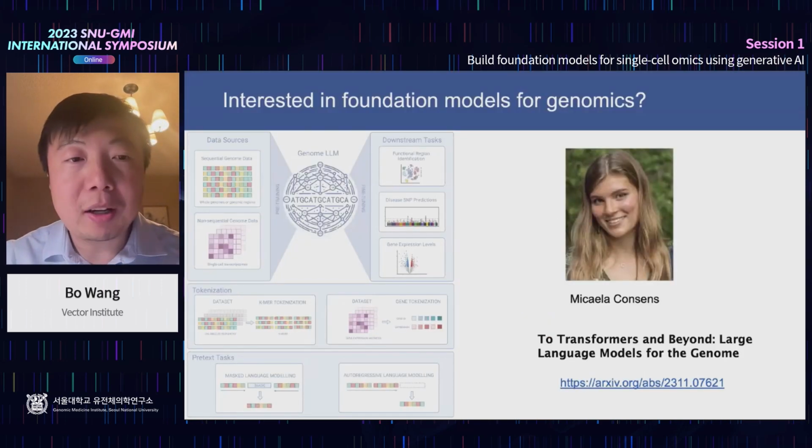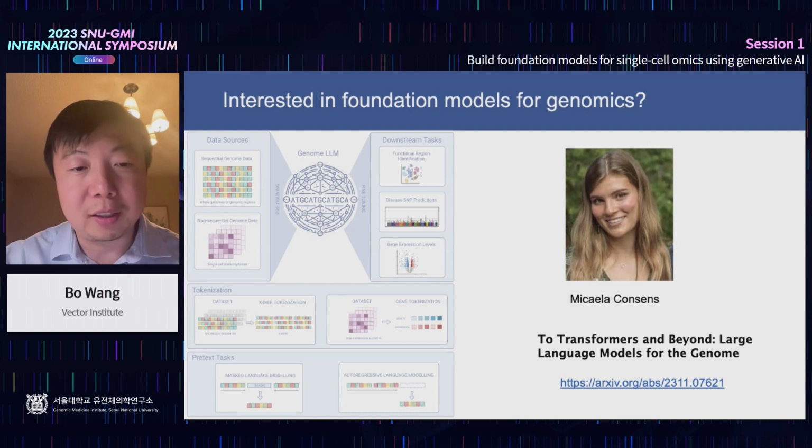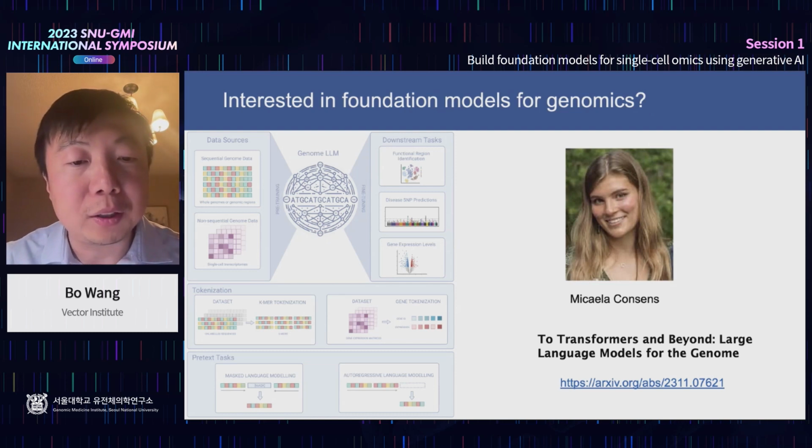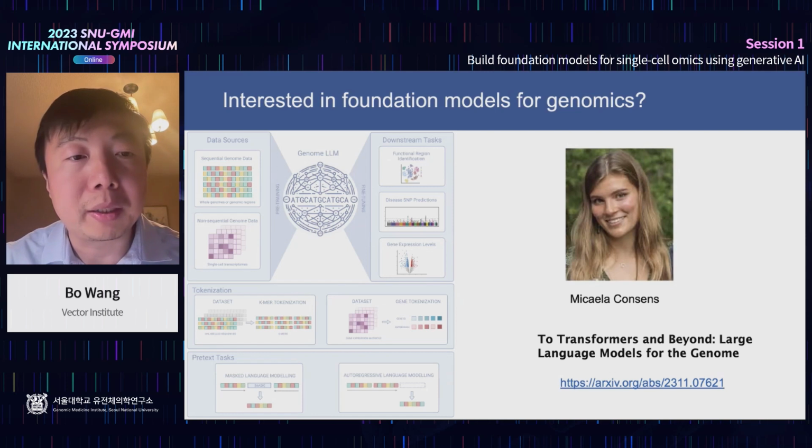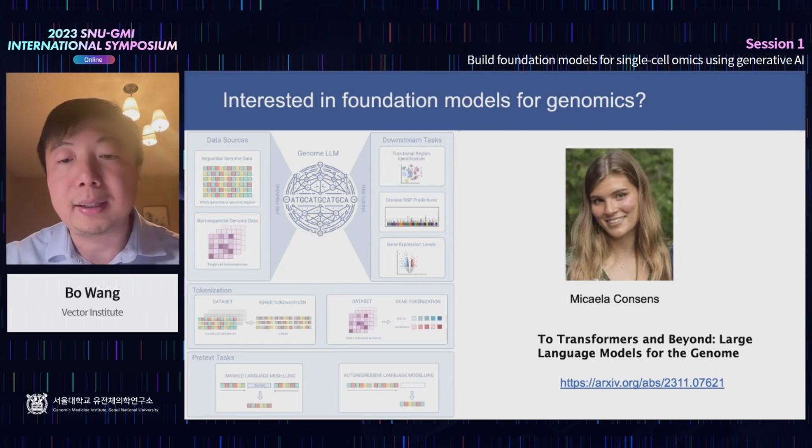Because we see lots of foundation models popping up every day for genomics, such as DNABERT, Enformer, and including our scGPT or Geneformer, which are foundation models for genomics, we feel it's necessary to provide a review paper so that it can provide educational material for people who are interested in diving deeper into transformers and foundation models in genomics.